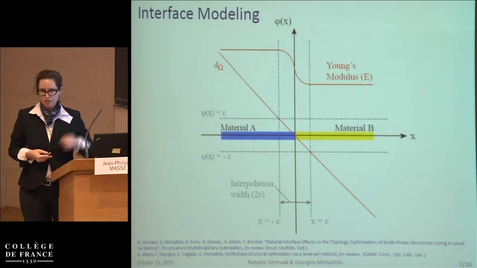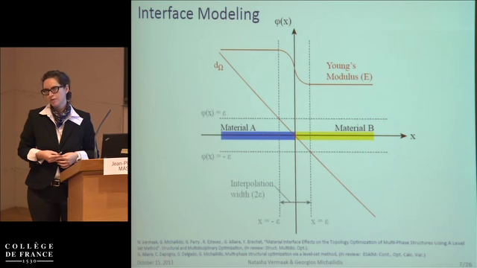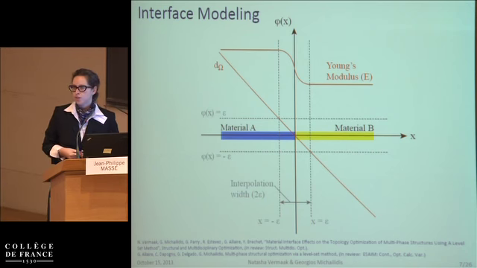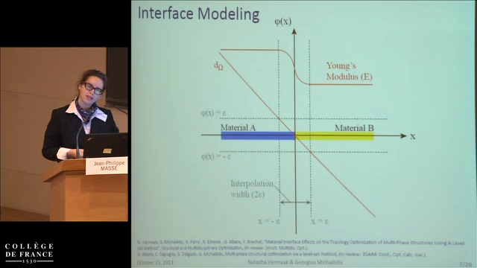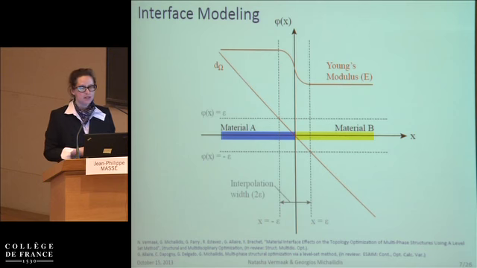So for now, in my 2D problems, I'm going to fix this interface zone to be uniform throughout the domain. And across that domain, then I can choose how I wish to portray the transition from one property to the other. So we have bulk materials with bulk properties, for example, Young's modulus, and over my finite interface zone, I go from high to low in a sort of smoothly monotonic fashion.